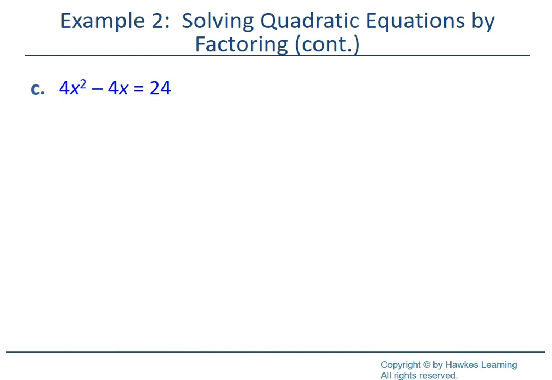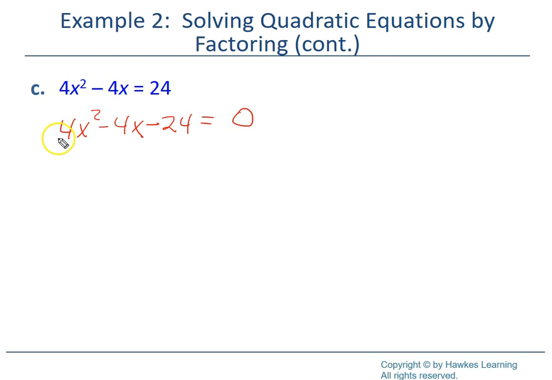Okay, let's take a look at this one. Now, notice, is it in standard form? And the answer is no. So what do you need to do? Put it in standard form. So 4x squared minus 4x, transpose the 24, negative 24, equals 0.